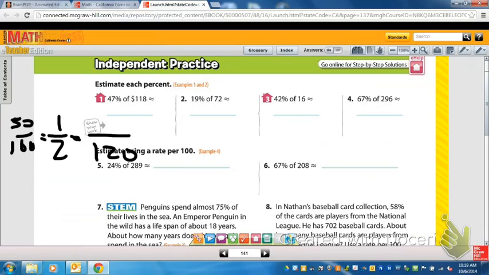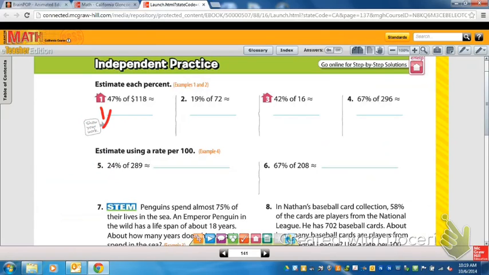That one you can probably do in your head, but if not, 50 over 100 reduces to a half. So 2 times 60 would be 120, and 1 times 60 would be 60. So the answer is 60.